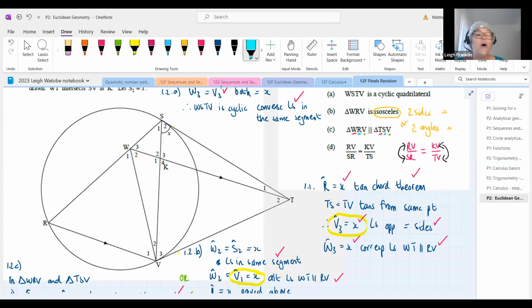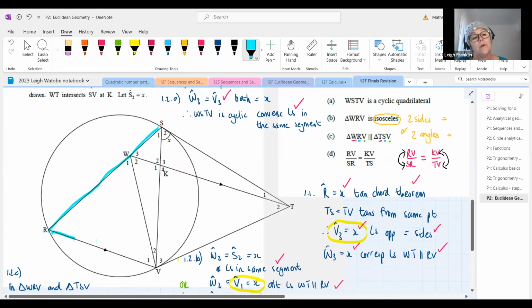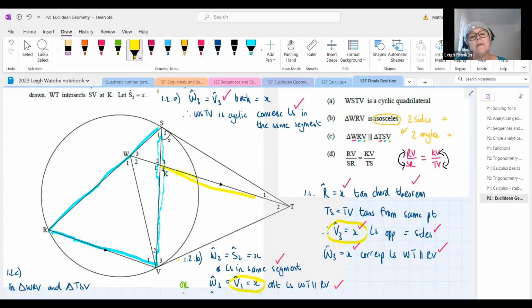All right, and here we go. There is RVS, guys. Here it is in blue. There it is. There's RVS. And here is KVT.